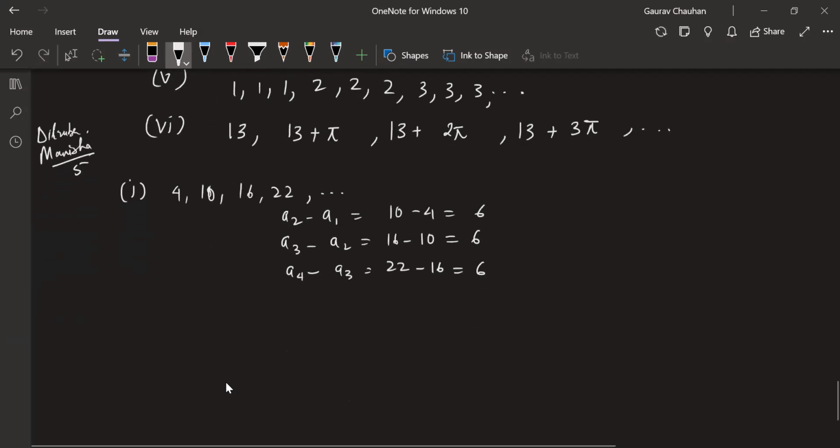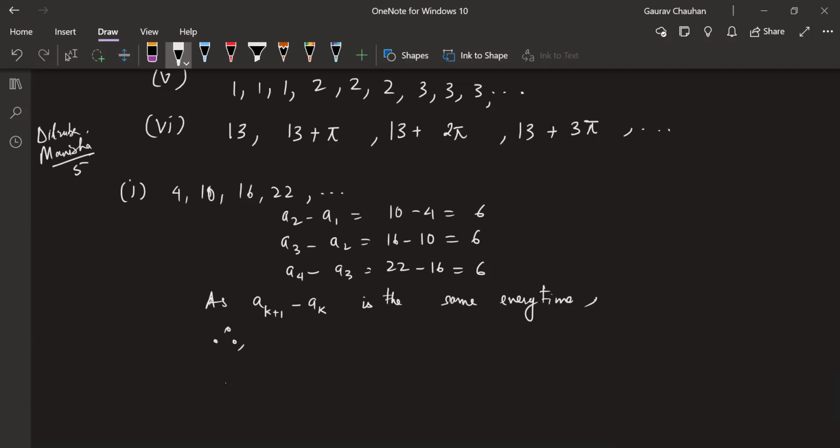Now you can say, as A(k+1) minus A(k) is the same every time, therefore this sequence or this list forms an AP.